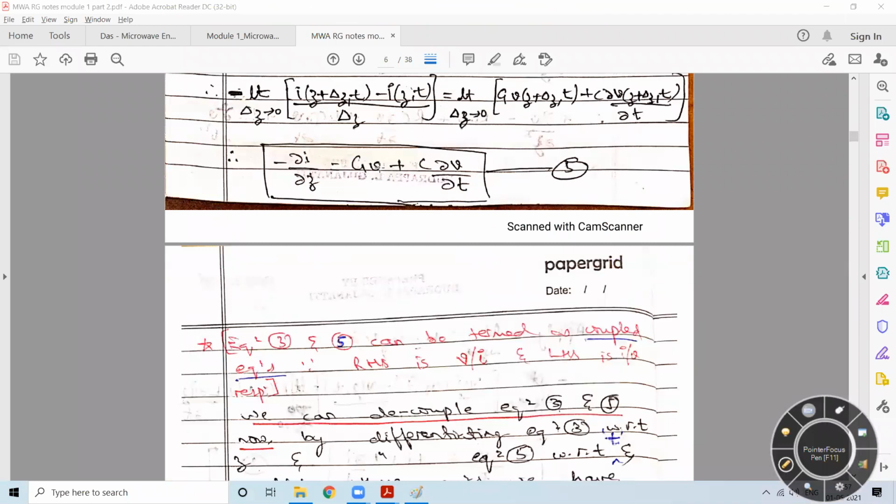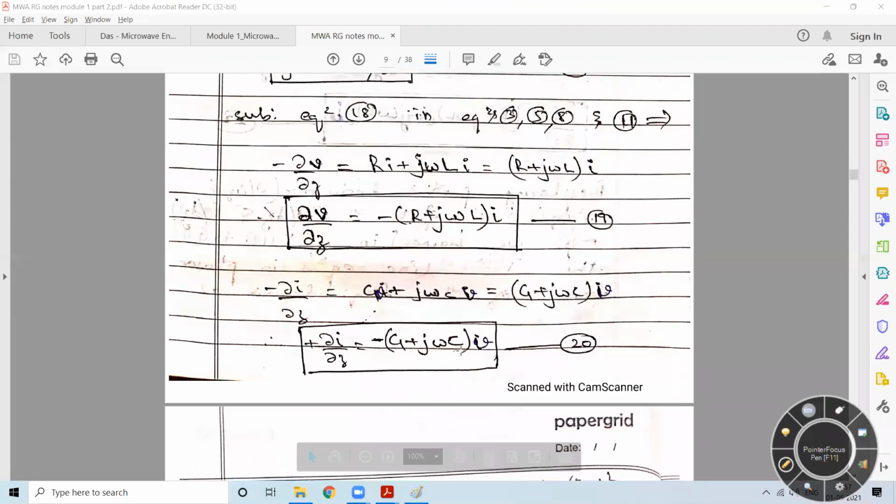So we have g plus j omega c into v, which is similar to the other equation. But what is this equal to? This is nothing but the admittance part, which is given by y.